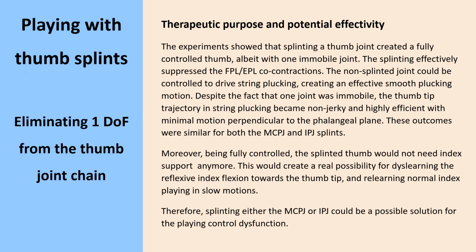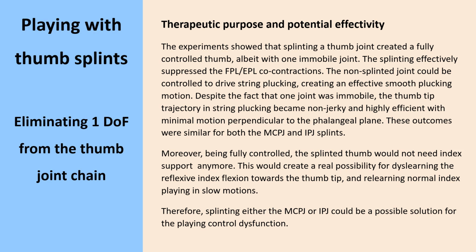Playing with thumb joint splints. Therapeutic purpose and potential effectivity. The experiments showed that splinting a thumb joint created a fully controlled thumb, albeit with one immobile joint. The splinting effectively suppressed the FPL-EPL co-contractions.